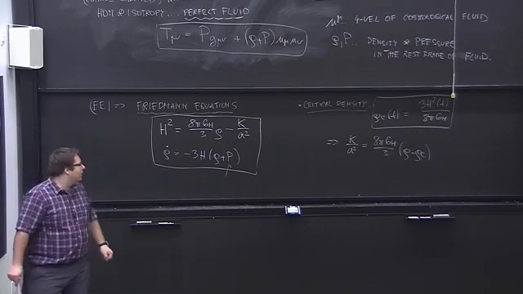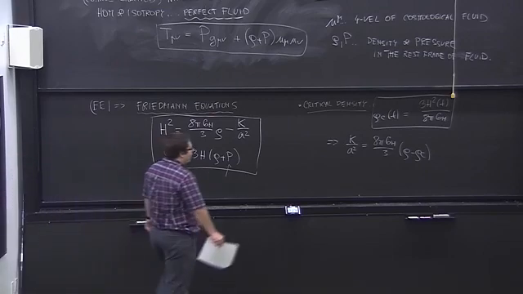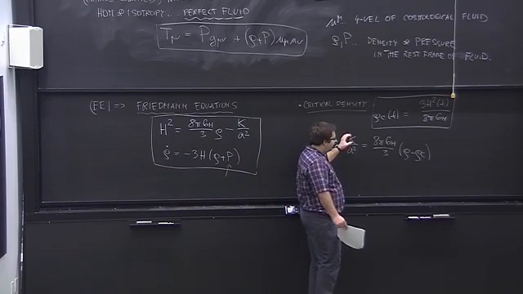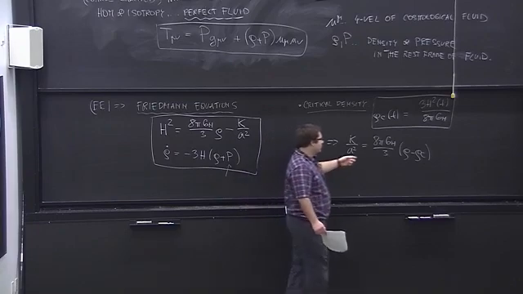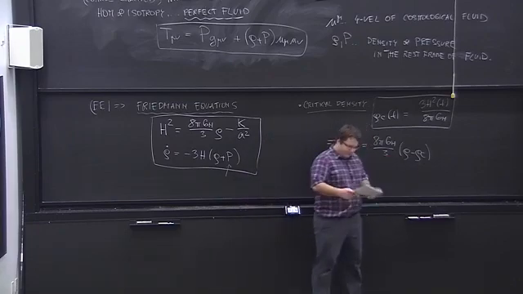So why am I doing that? You know that k is a constant which is plus or minus 1 or 0. And the question is which one, right? So you want to determine what k is of our universe by measurements. So you try to measure what these guys are.